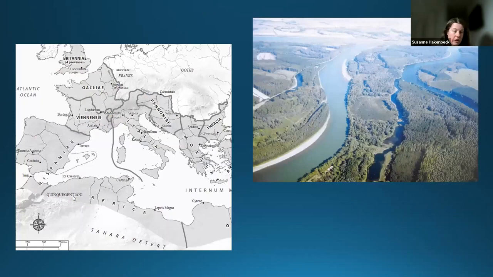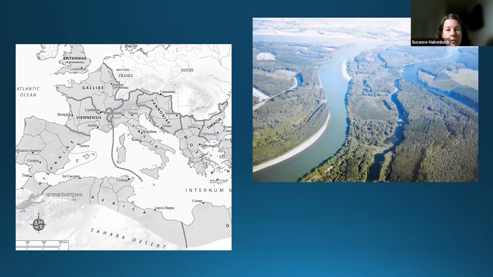So in these very brief examples, I tried to sketch a picture of the way in which the Danube was a lived landscape, and as a lived landscape, it played a role in shaping people's lives and also in shaping people's perceptions of their lives. The first example took us to the grand scale, so erosion causing delta growth. And then the second example was a much more intimate one, connecting the mind and the environment.